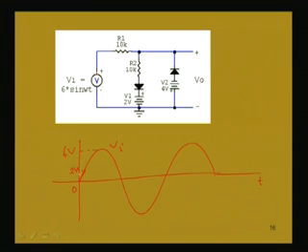Now, what will happen? This is from 0 to Vi less than 2 volt. Now, when Vi is greater than 2 volt in the positive half cycle, this diode D1 will be conducting. So, when this diode conducts, current will flow in this circuit. The other diode does not conduct even now, because in the positive half cycle it is being reverse biased.